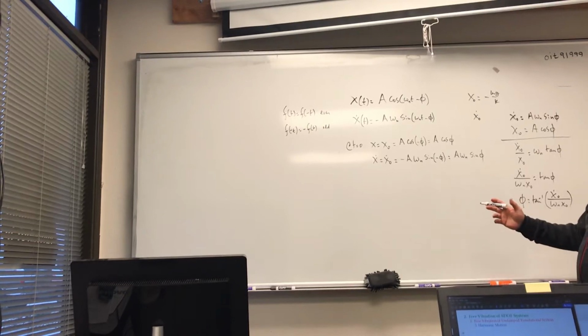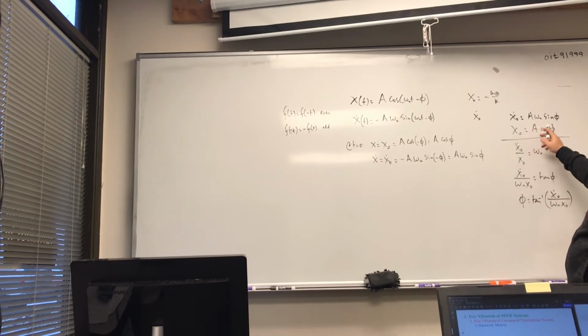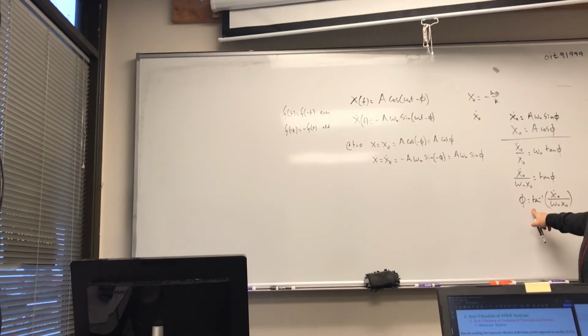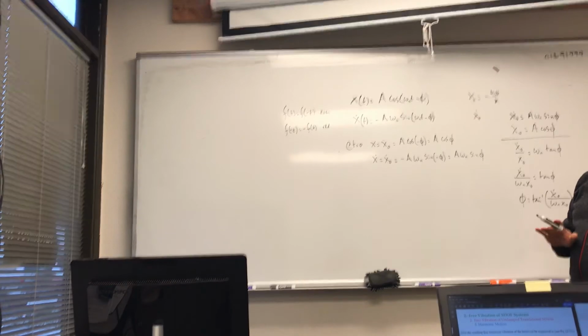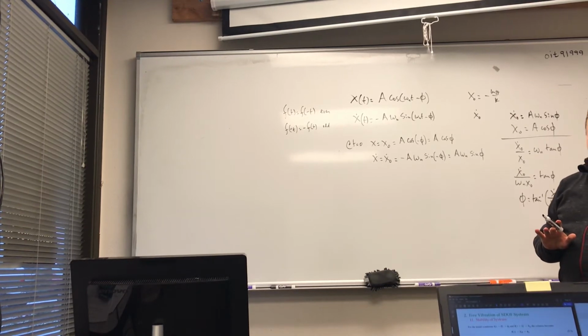But how do we find A? You come back in here. There are many different ways you can do it. You can still do A is equal to x naught divided by cosine, but cosine of the arctangent is just a nightmare. Remember what I said last week or maybe two weeks ago?